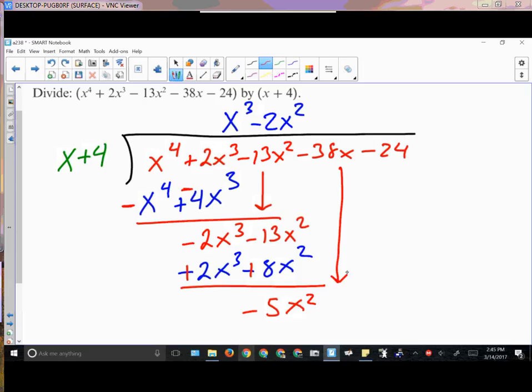Now comes the next term, minus 38x. Repeat the process all over again. What must I multiply x by to get to negative 5x squared? Well, I know I need a negative 5 and I need an x.